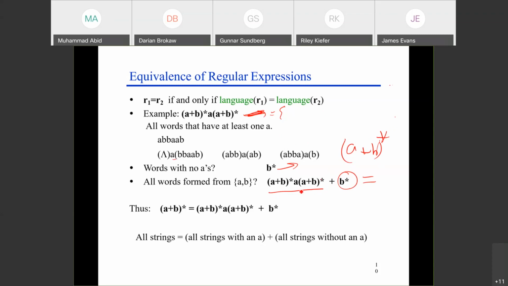Now this whole regular expression is equal to (A plus B) whole star, because (A plus B) whole star says lambda will be there, we can get lambda. So if I have this regular expression, can we get lambda? Yes, because now with B star, we can get lambda.